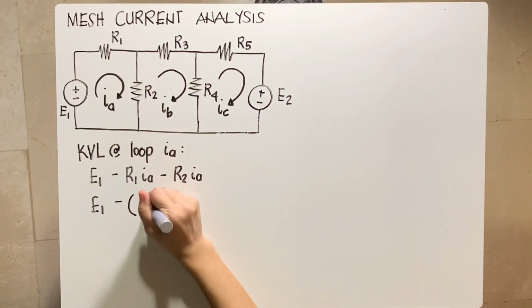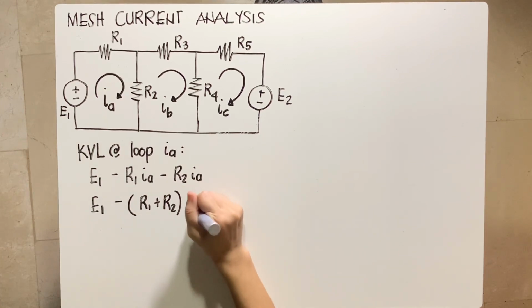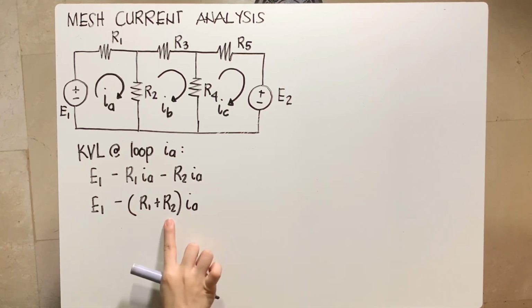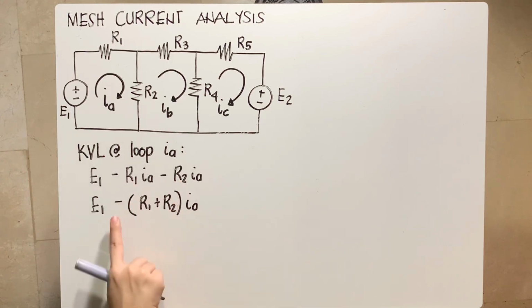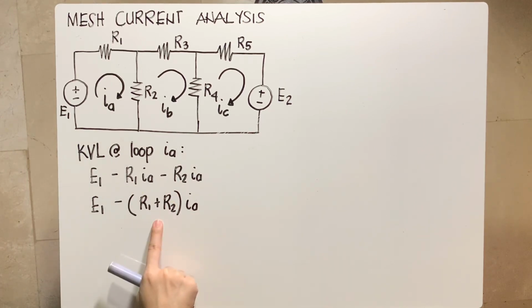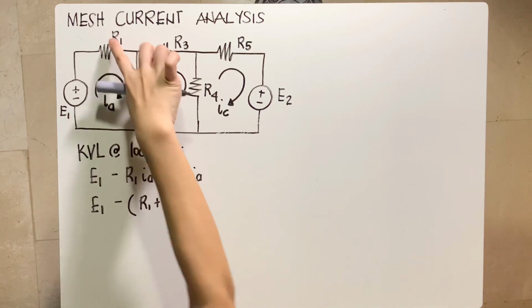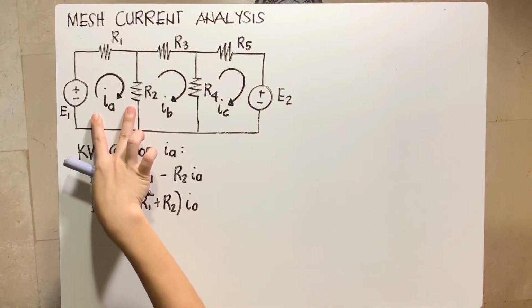And that's R1 plus R2, multiplied by the flowing mesh current inside. Ito yung common sequence na mangyayari dyan. Kasi, if you factor out negative iA from here, you'll get R1 plus R2. So, para mas mapadali, hindi mo na ito susulatin ng isa-isa, pwedeng ganito na. You get your voltage minus the sum of all the resistors multiplied by the circulating mesh current.